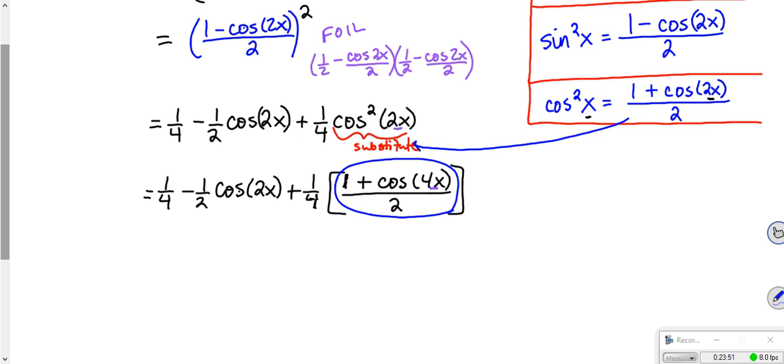This came from there. Now if I distribute that 1/4 power, this 1/4 has to be distributed to that term and that term. So here's what I get out.